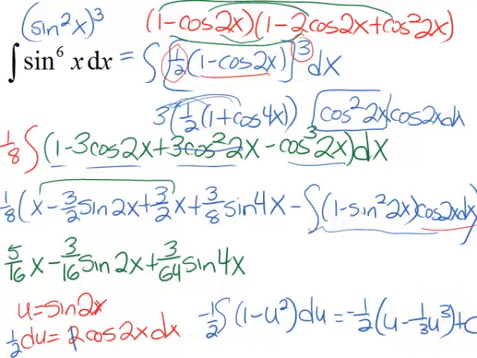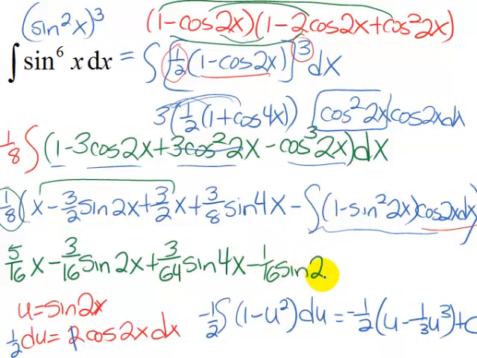So we'll go back up above now and finish our answer resubstituting u as sine 2x. Now remember, we also had this 1/8 that we were distributing out in front. So this is going to be minus 1/16 sine 2x. And then that will be 1/6 and that, so plus 1/48 sine cubed 2x plus a constant.